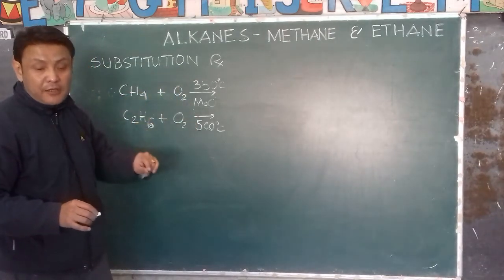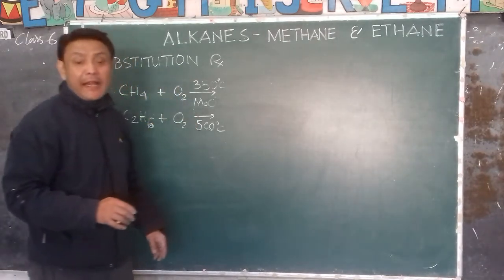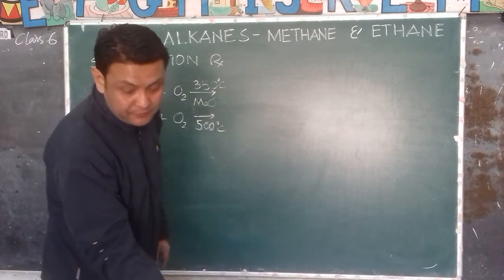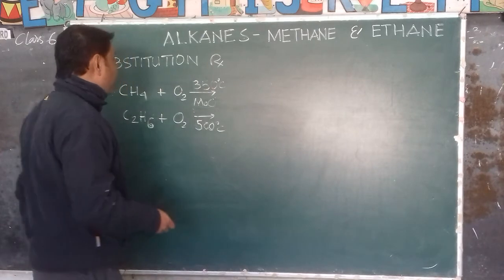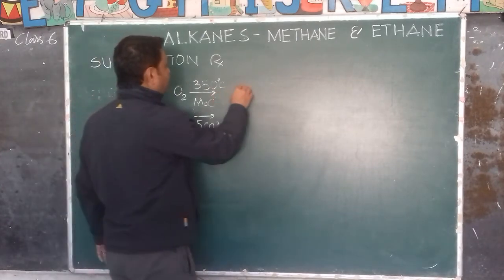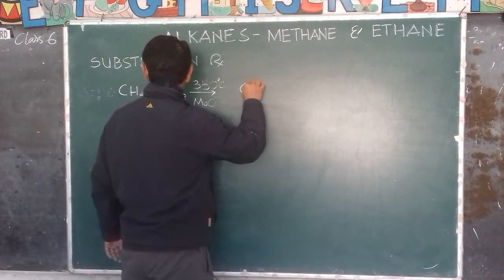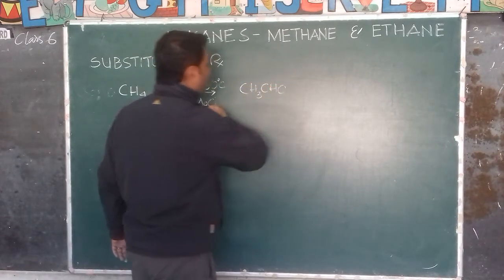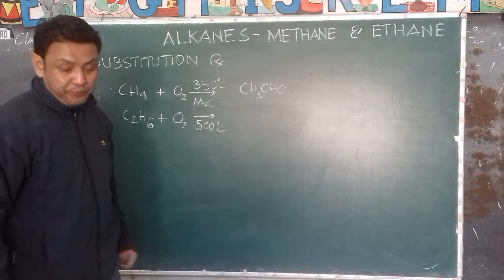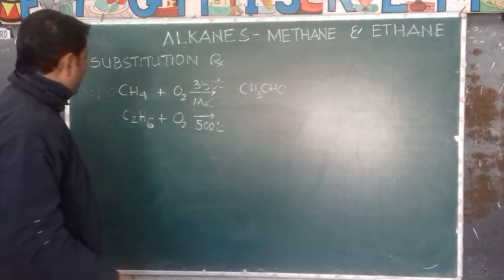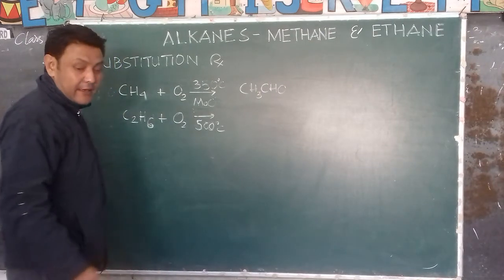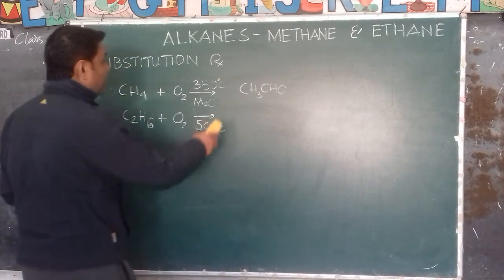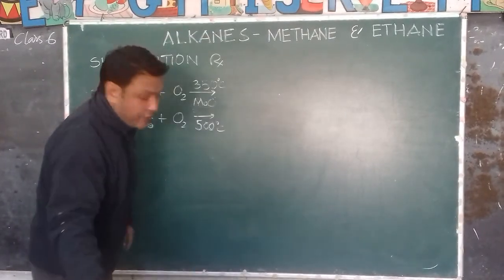Then what is the product? In this case, we have an aldehyde, with the CHO group. Methane forms methanal, HCHO. Oh sorry, CH3CHO is ethanal. I'm so sorry here.